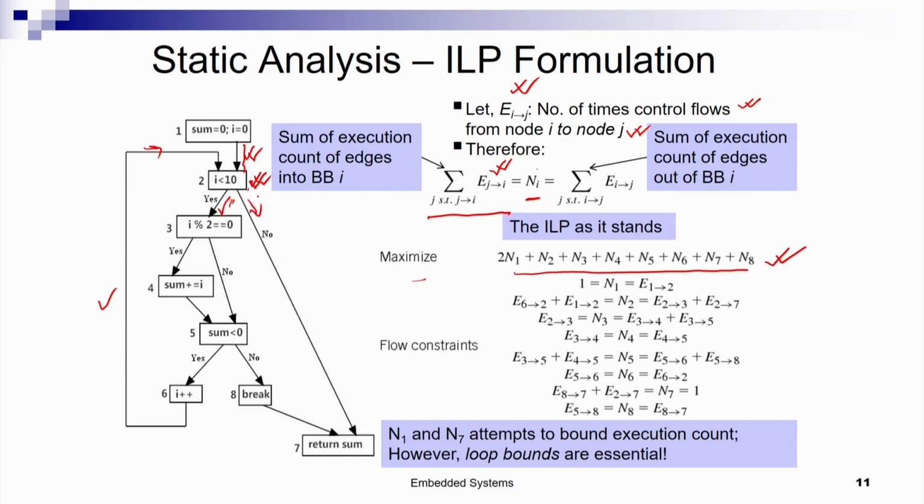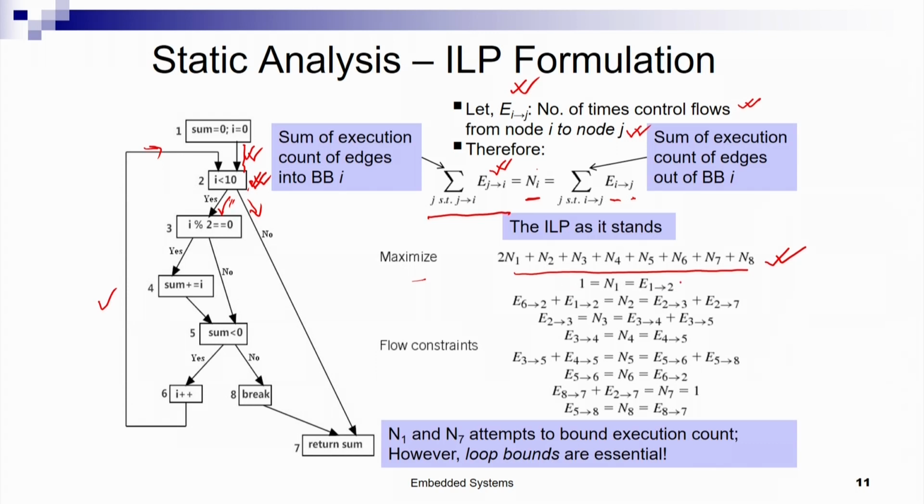So, E_ij, where i is basic block i and j could be all other nodes with an edge from i to j. There are two edges from here, E23 and E27.